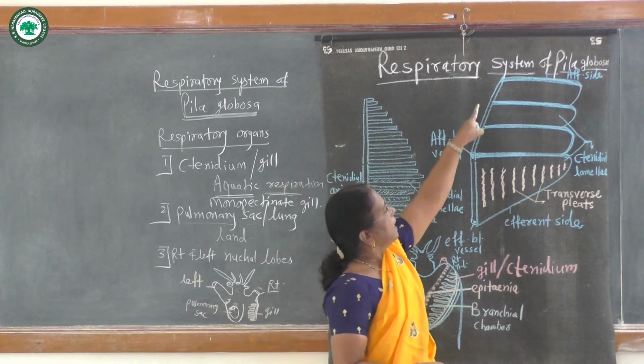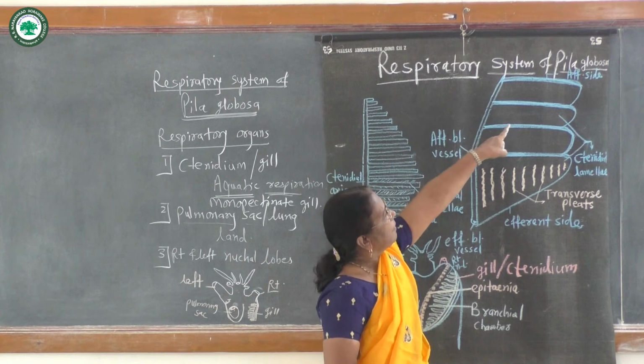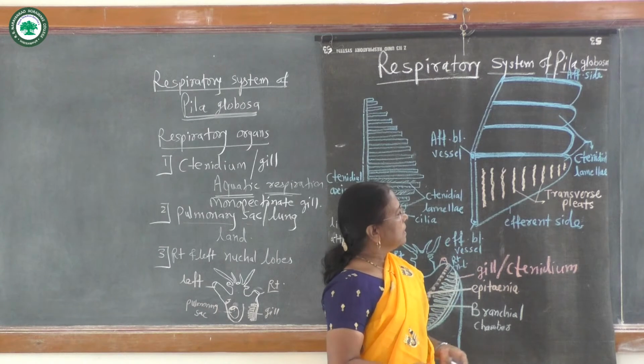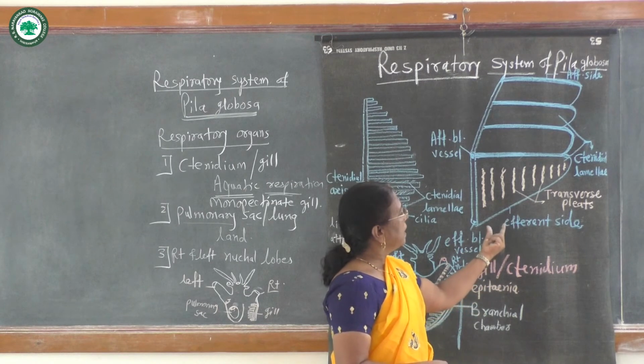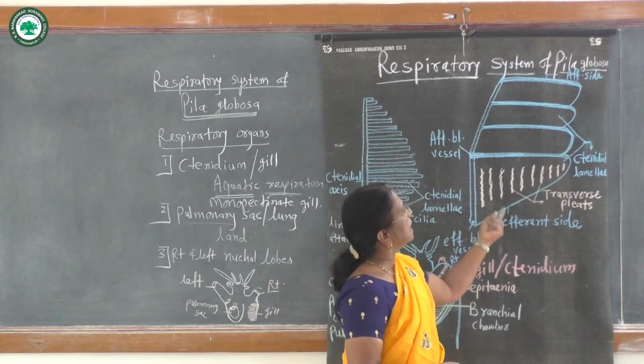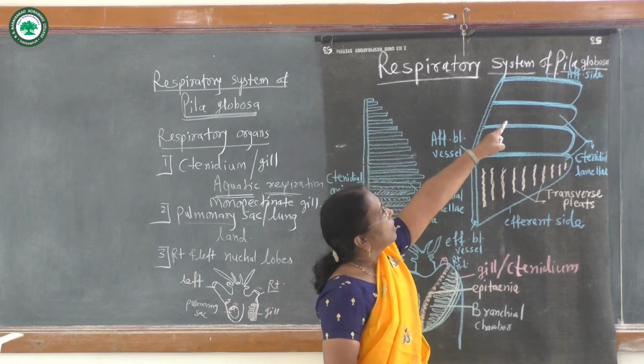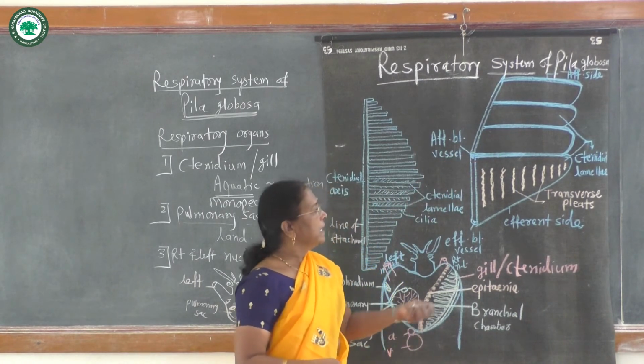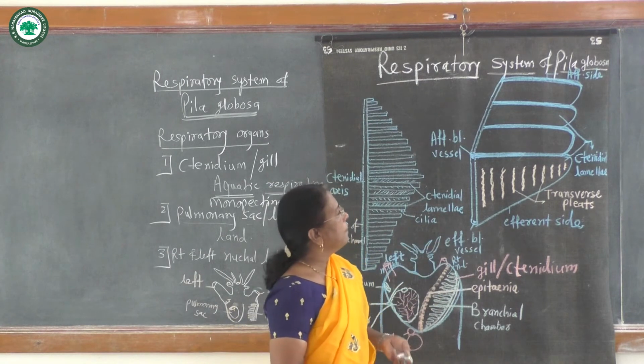This ctenidium has an afferent side and an efferent side. The largest side of each lamella is called the efferent side, and the small side is called the afferent side, which is present on the right side. This is present on the left side.